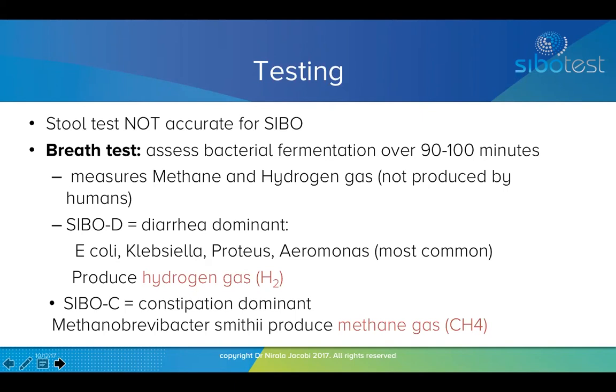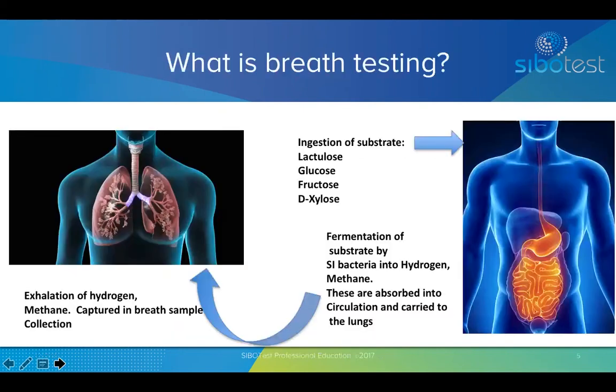But what is a breath test? If we look here on the right, the patient ingests the substrate, which is either lactulose or glucose or fructose or another less used test substrate called D-xylose. Bacteria that are in the wrong location, in the small intestine, ferment that substrate into hydrogen or methane.